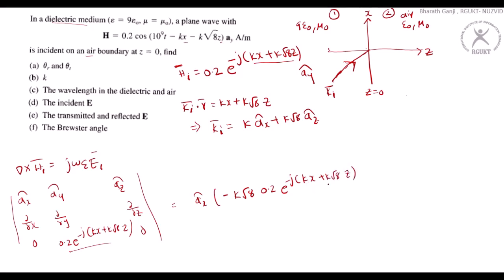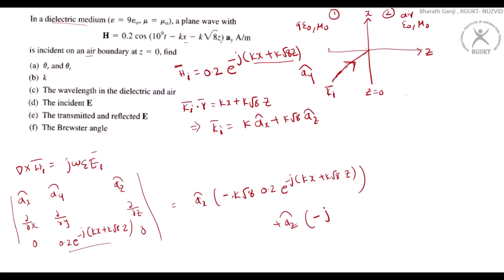That is the x component. Then the y component is 0, and for the z component, az cap, you have dou by dou x. So with respect to x you have to take the derivative, so you have minus j.